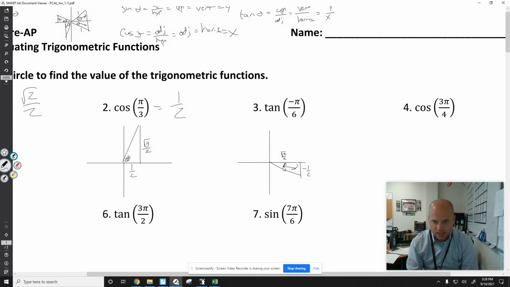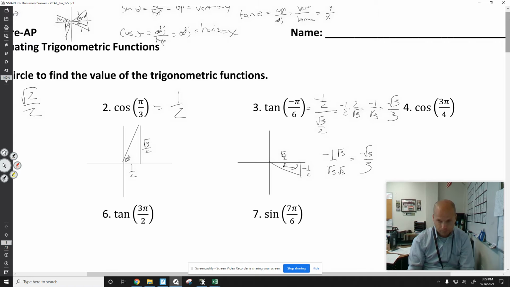Opposite over adjacent, y over x. Negative 1/2 over root 3 over 2, which is negative 1/2 times 2 over root 3, which is negative 1 over root 3, which is negative root 3 over 3. Why? Negative 1 over root 3, multiply the top and bottom by root 3, rationalize, negative root 3 over 3.